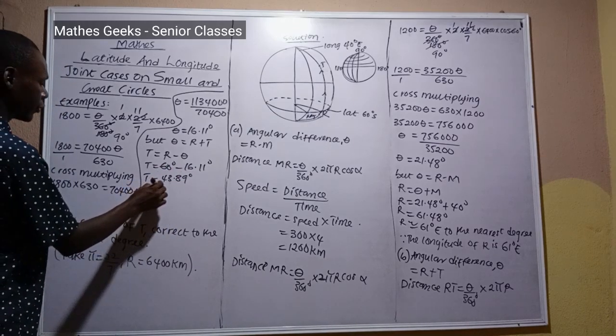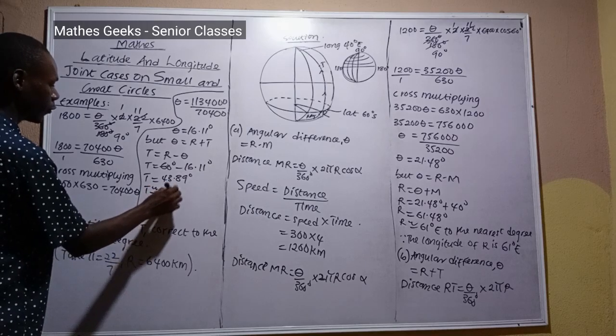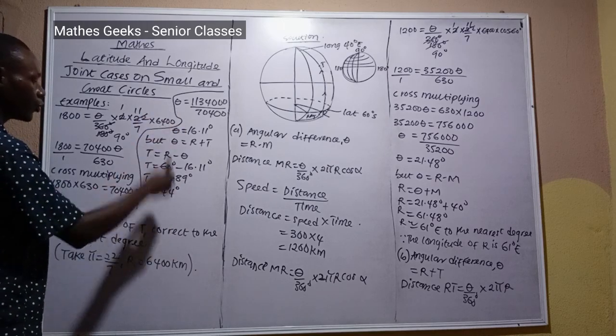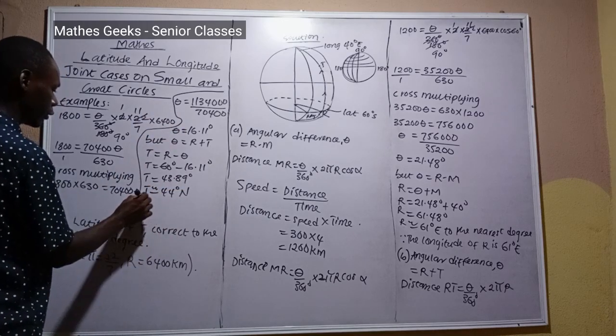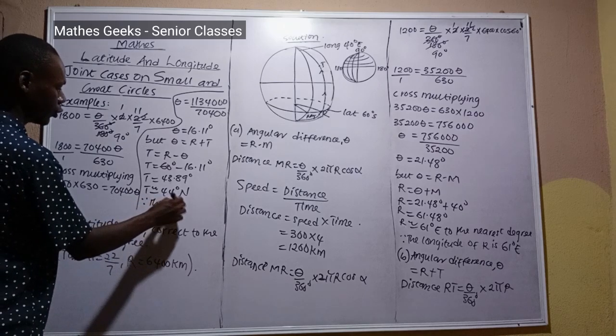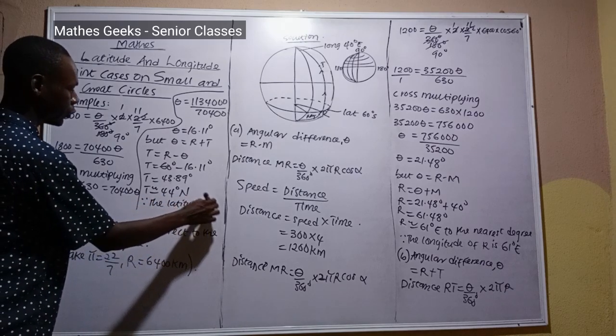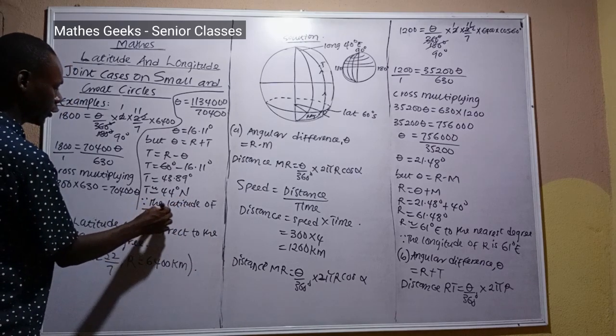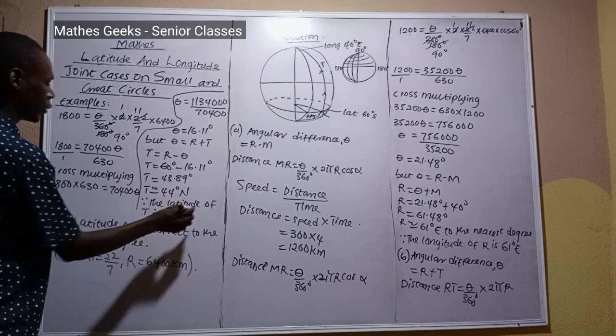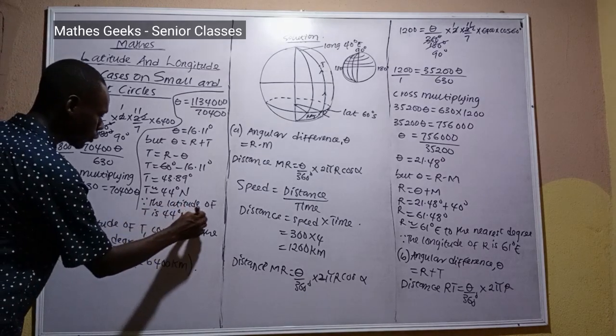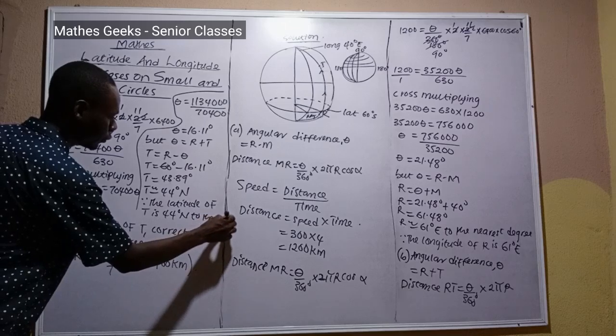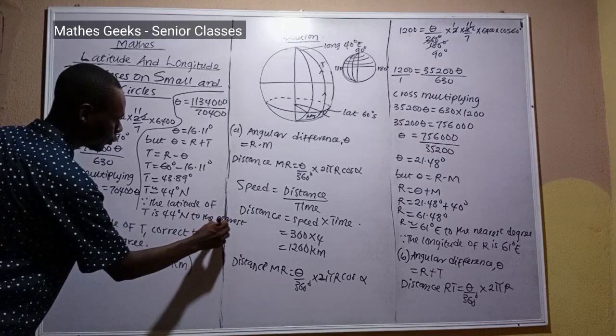So T approximately is equal to 44 degrees. Since T is due north, it's going to be 44 degrees north. So therefore, the latitude of T is 44 degrees north to the nearest degree.